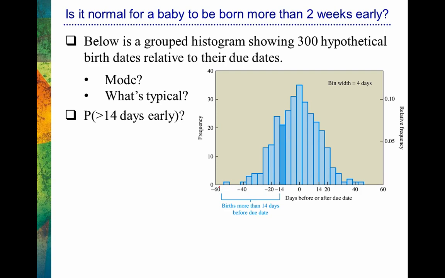So all that we would need to do at this point is sum up all of those relative frequencies if we're trying to figure out the proportion of births that are greater than 14 days early. So I can find this relative frequency right here, for example. And if I move out here, I can get a sense of what that value is. And that turns out to be 8%. I've got the actual values. So about 8%. This bar right here turns out to be about 4%.